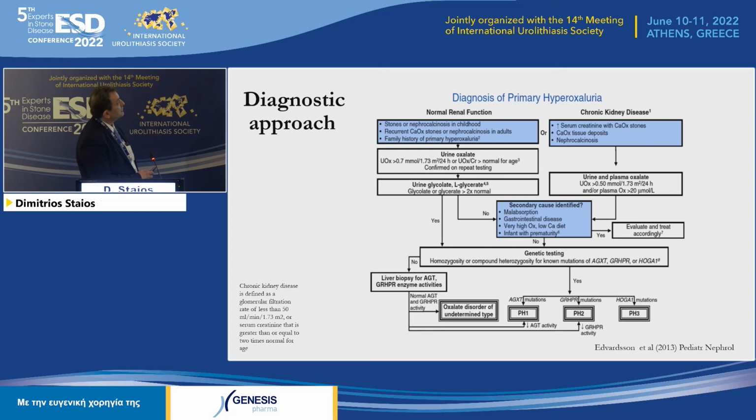So patients that have stones or nephrocalcinosis in childhood, recurrent stone formers with calcium oxalate or nephrocalcinosis, patients that have a family history, and patients with chronic disease that have increased serum creatinine with calcium oxalate stones, calcium oxalate deposits in the tissues and nephrocalcinosis should be our patients that we have to investigate further if they have PH1.